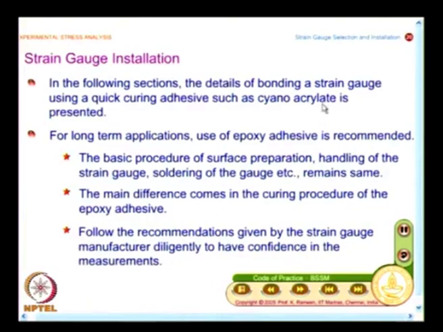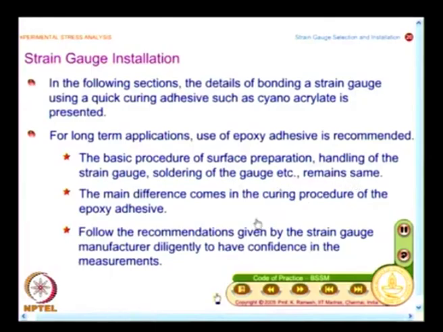And whatever we discuss is also extendable to epoxy adhesive. The difference is in the curing procedure of the epoxy adhesive. The basic procedure of surface preparation, handling of the strain gauge, soldering of the strain gauge, etc., remains the same.